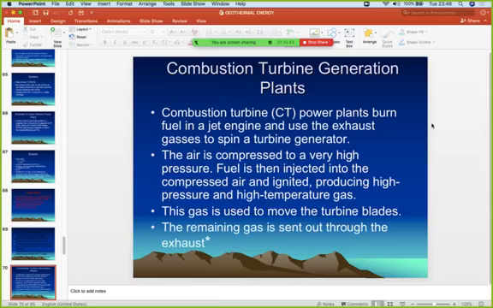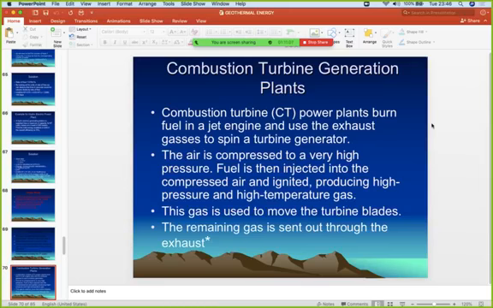The air is compressed to a very high pressure. That's where the compressor is. Fuel is then injected into the compressor and ignited. So it can also be a form of internal combustion engine, producing high pressure and high temperature gas. The gas is used to move the turbine blade. The remaining gas is sent out through the exhaust.